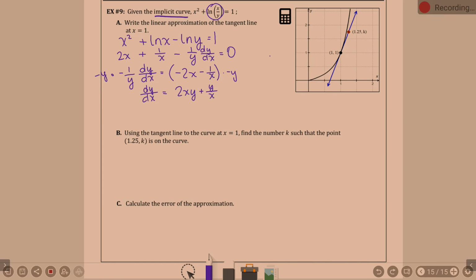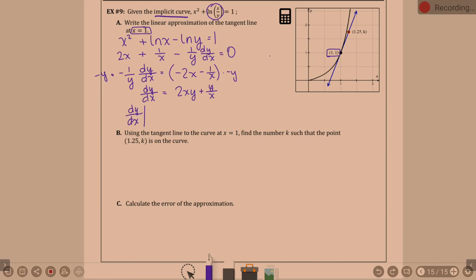Now, we need to know slope and a point, yes? How are we going to find the slope? We're evaluating at what? X equals 1. And what do we know about the other half of x equals 1? If you look at the provided graph, it is also 1.